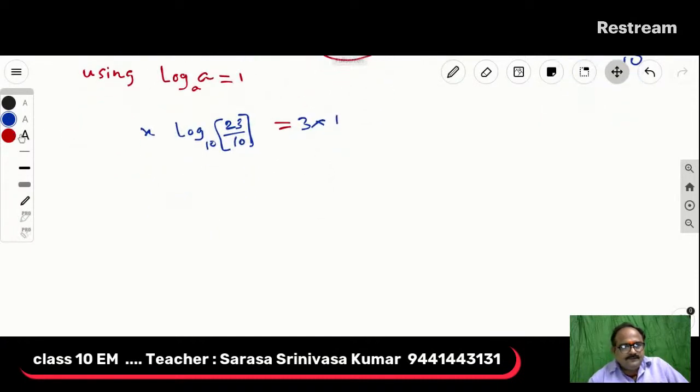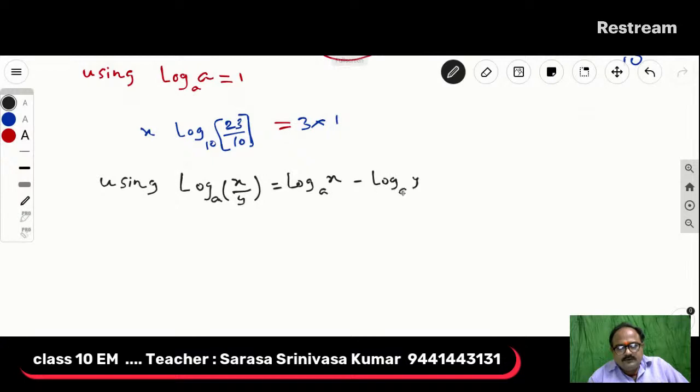Again using the formula log x by y to the base a equal to log x to the base a minus log y to the base a. The left hand side term we have log 23 by 10 base 10. So this can be compared with log x by y to the base a.